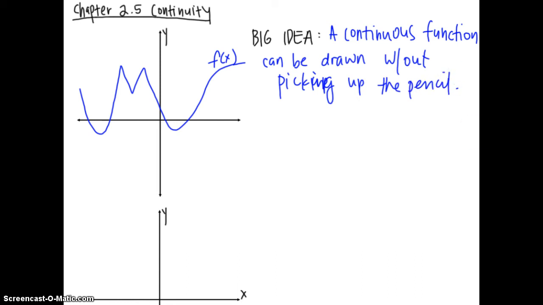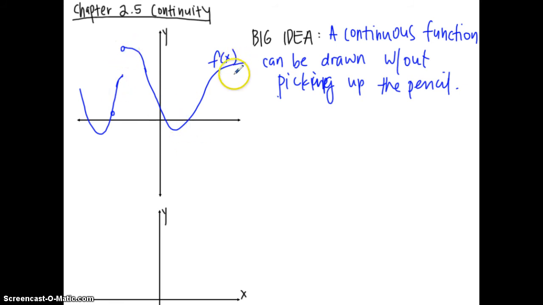Now this is a very non-mathematical definition. What it means mathematically is that there are no holes. If there was a hole here, I would have to pick up my pencil and then put it back down to draw it again. If there was a big gap here, something like this, I would have to pick up my pencil to draw it again, so there would be another discontinuity.